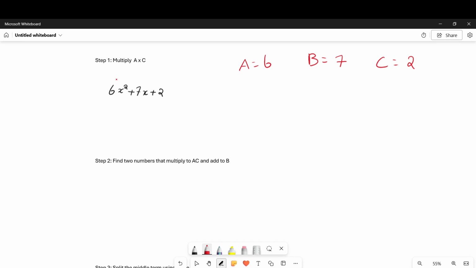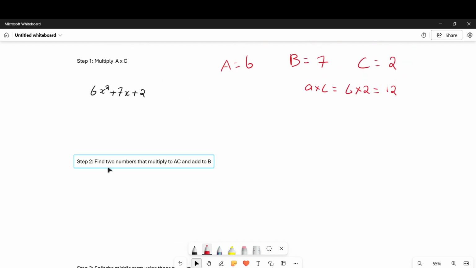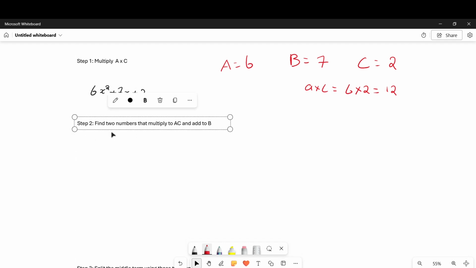Okay, what we need to do is a times c. So a times c is 6 times 2, which is 12. Keep it here. Then the second step is to find two numbers.